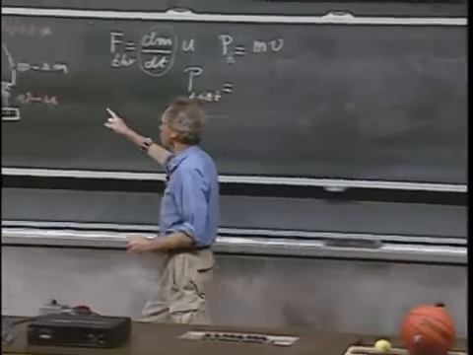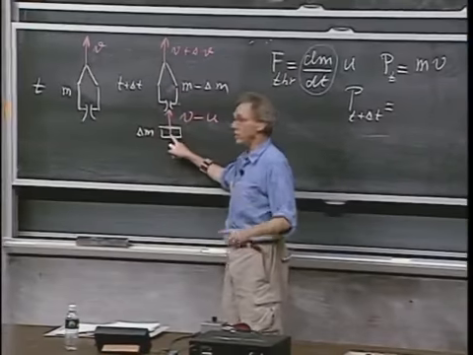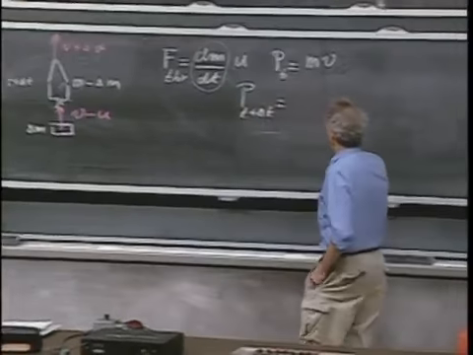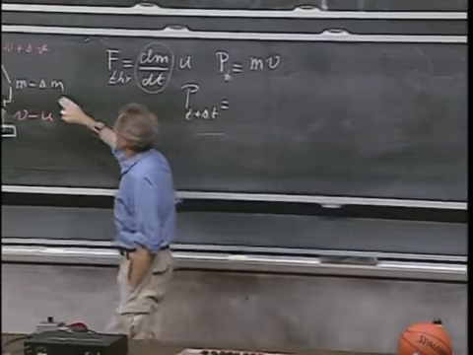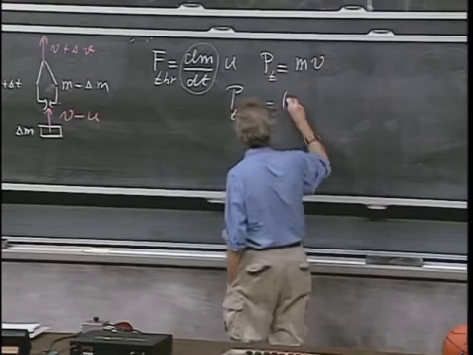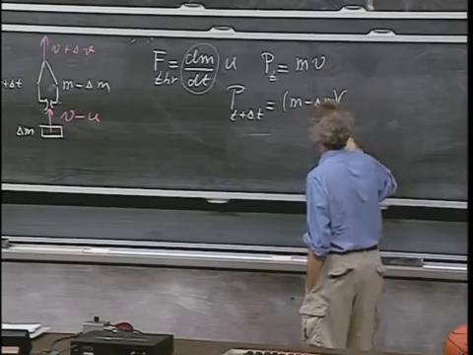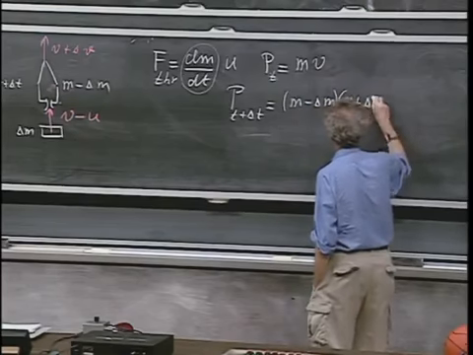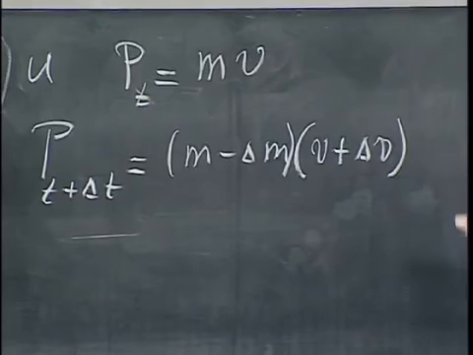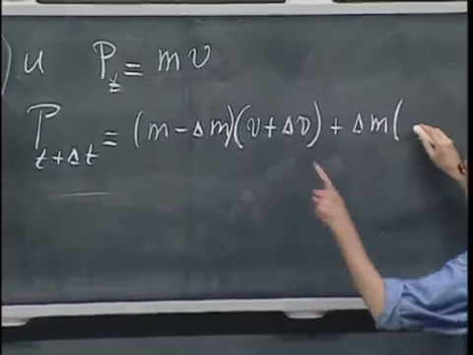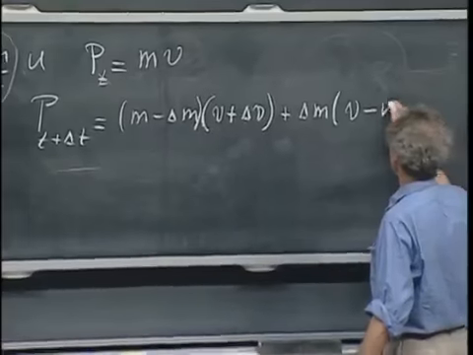The momentum of the rocket is going to change, and the momentum of the exhaust is going to change, but not of the system. So we're going to get mass times velocity, m minus delta m times v plus delta v, plus delta m, which has a velocity v minus u.